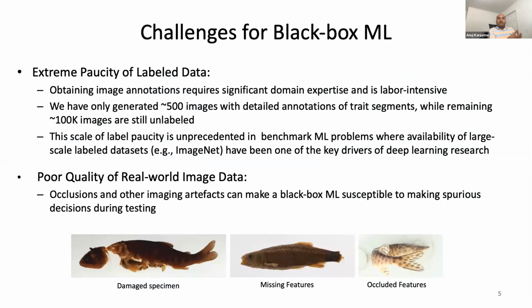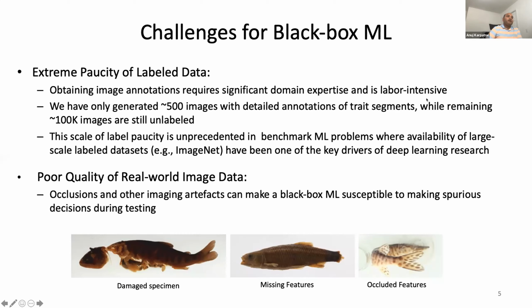So to solve this grand challenge, black box machine learning methods are unsuitable for several reasons. And these reasons are very similar to other research directions that are being explored in KGML2. So the first challenge that we experience is the extreme paucity of labels that we have for many of these machine learning tasks.